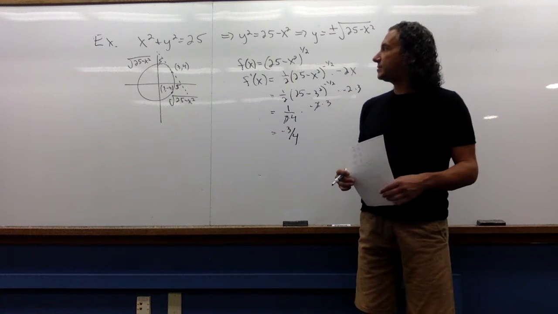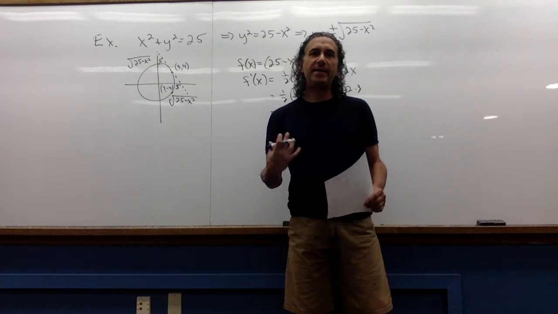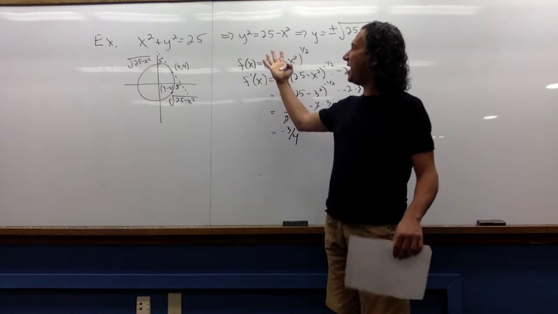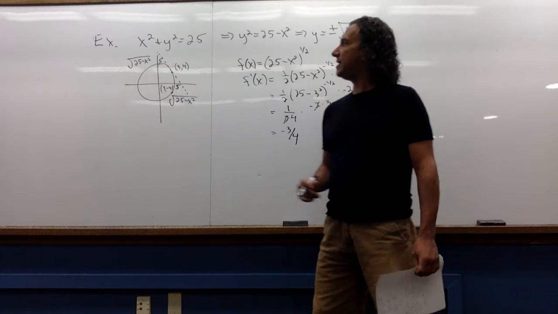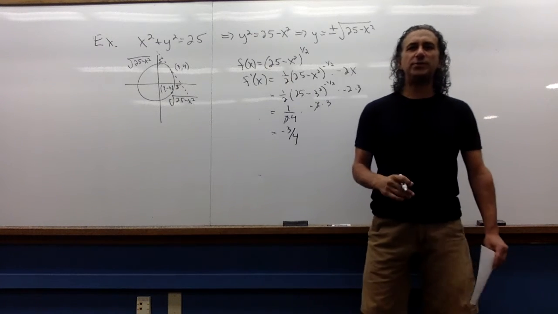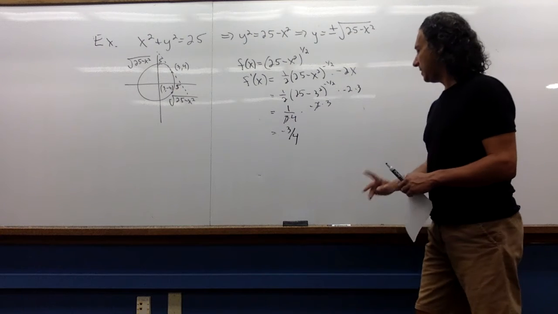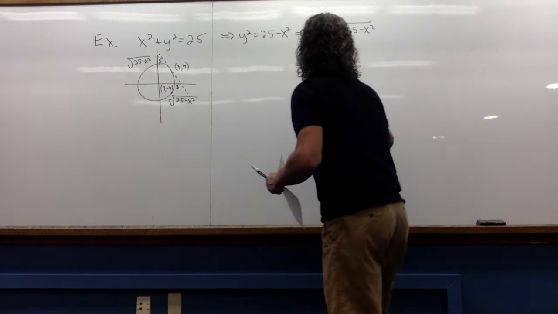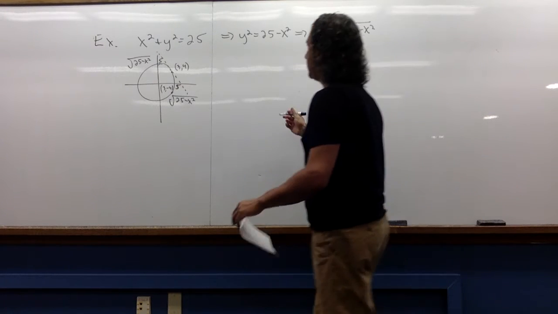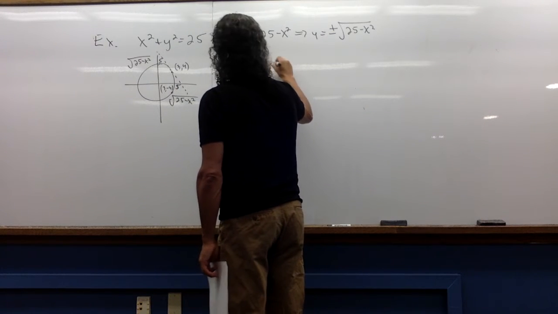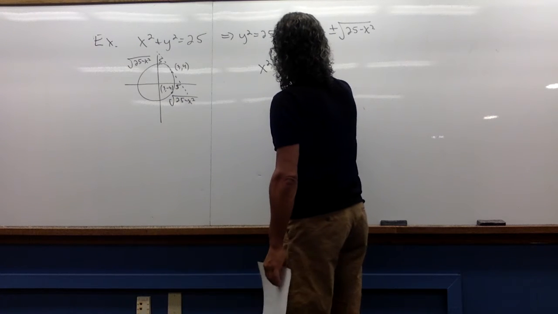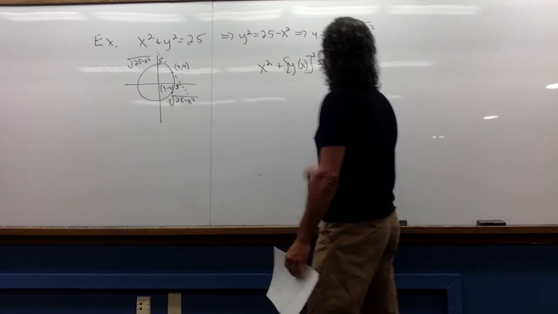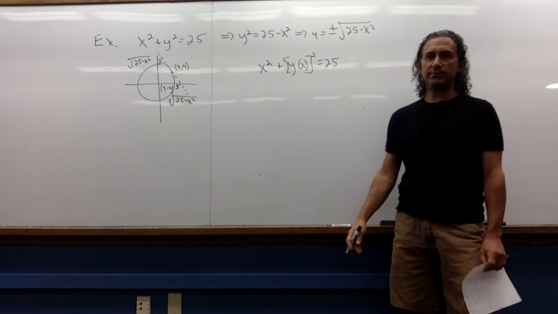Well, this works fine with the circle because I know how to break it up into 2 pieces. But let's see if we can find a more general process so that I don't have to think so hard. Well, let's back up here a second. Let's realize that x squared plus y squared equals 25 can actually be thought of as x squared plus y of x, squared, is equal to 25.